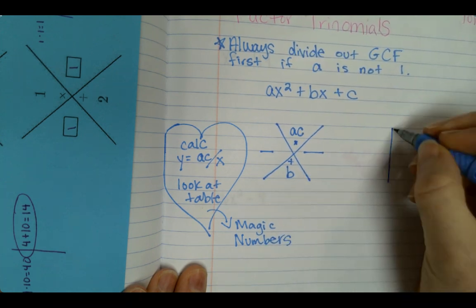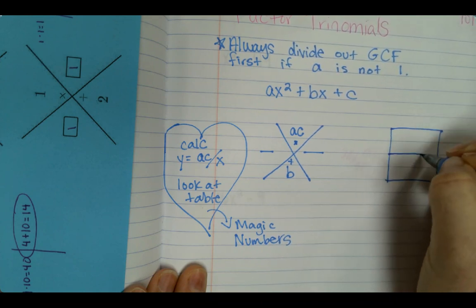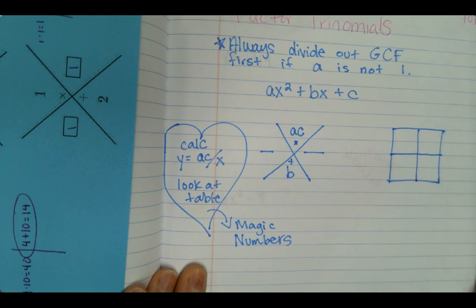Then we use the box, just like when we multiplied binomials. We use the box to multiply rows and columns. We're going to do the same thing.